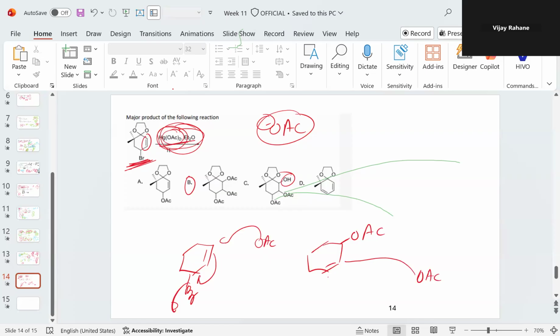So reaction of olefin with silver acetate generally gives the diacetylation.